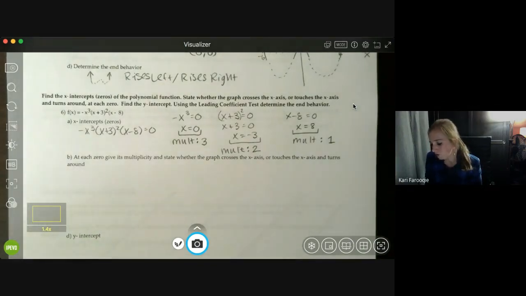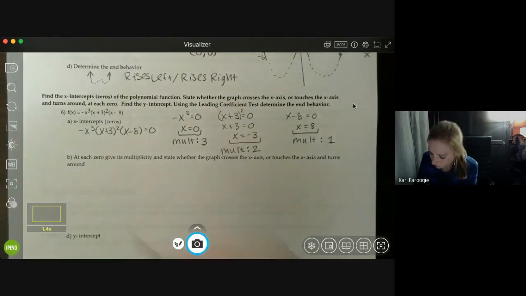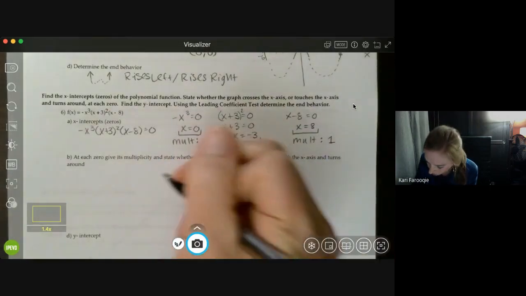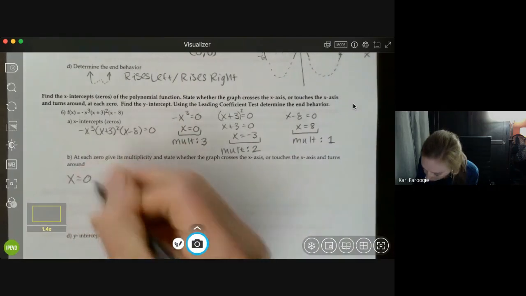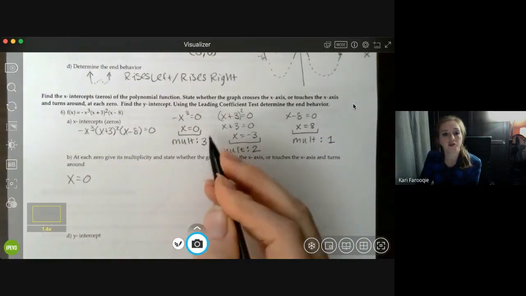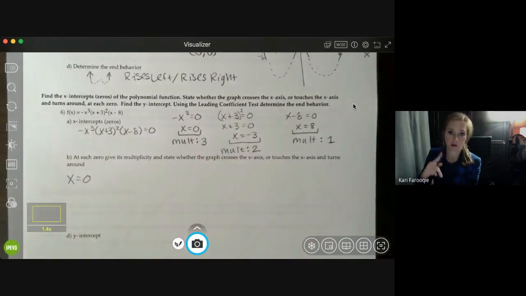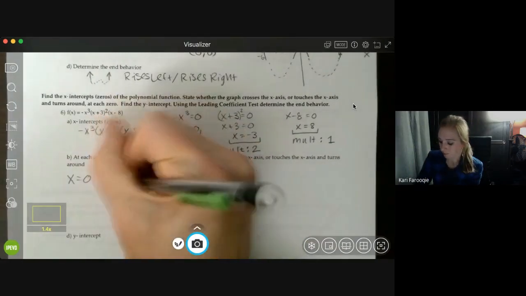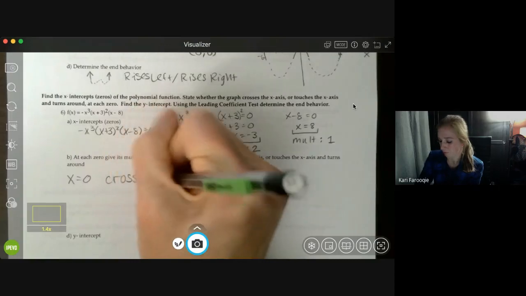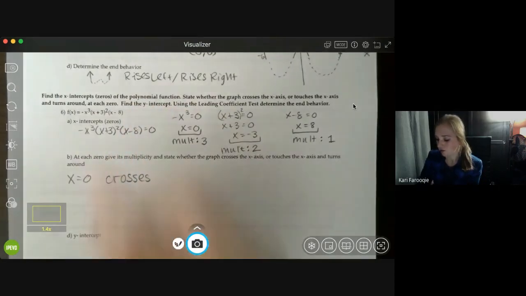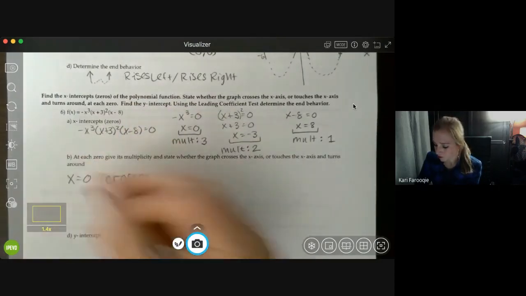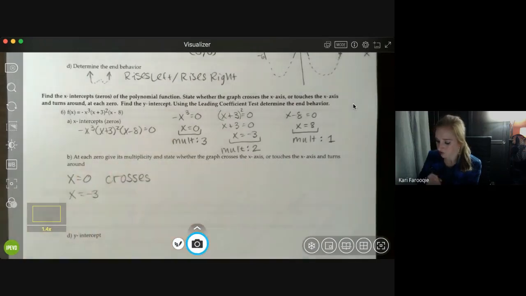Okay, at each zero, give its multiplicity. Fine, already did that. And state whether the graph crosses, or touches and turns around, at each intercept. So at x equals 0, the multiplicity is odd. An odd multiplicity means that you're always going to be crossing through. Even multiplicity means you touch and turn around, and that was happening at x equals -3.